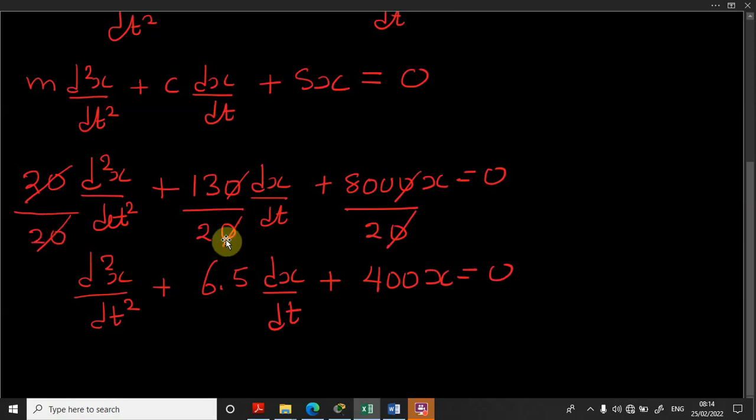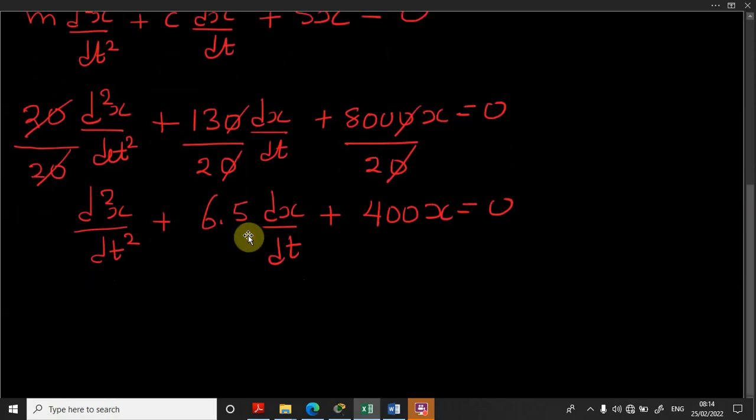This is actually the differential equation of motion of the system.